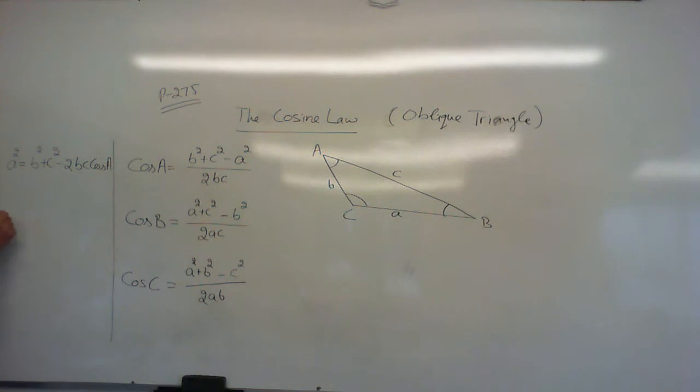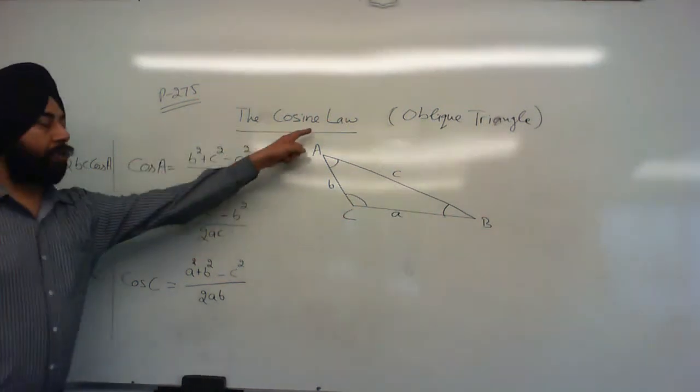From this, you can write B square is equal to A square plus C square minus 2AC cos B. And from the third one you can write C square is equal to A square plus B square minus 2AB cos C. All these formulas are called the cosine law.